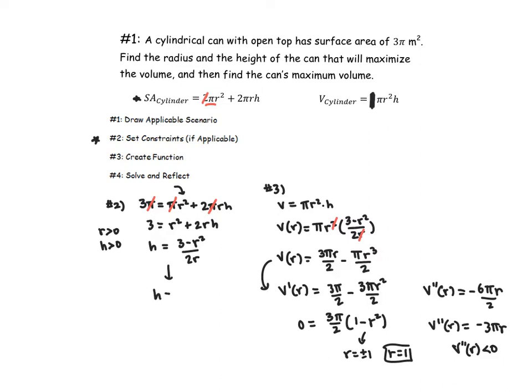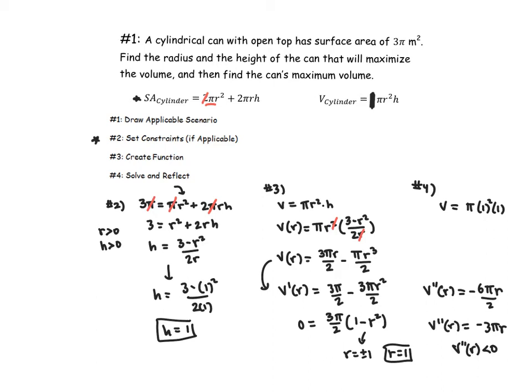Now, if h is equal to 3 minus r squared over 2r, then h also equals 1. So the volume is maximized when both the height is 1 and the radius is 1. So now in number 4, I'm going to plug in for the volume back in terms of both r and h.